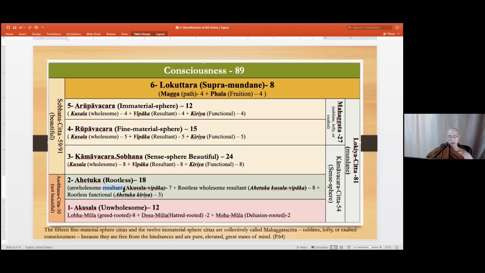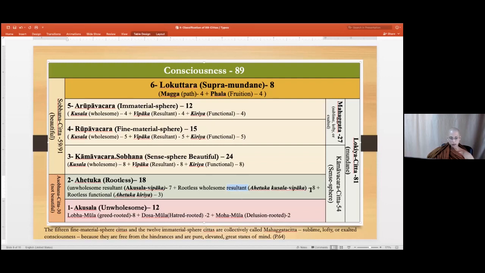Here the first classification is unwholesome resultant. But whether it is unwholesome or wholesome, we can identify it as resultant. Unwholesome resultant or wholesome resultant, both are included under the classification of resultants. That is why we get number 7 in the Ahetuka first, and here also resultants. So among the 18 Ahetuka, there are 15 resultant consciousness.